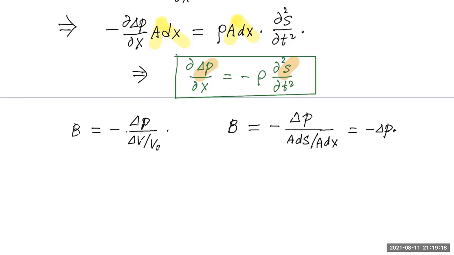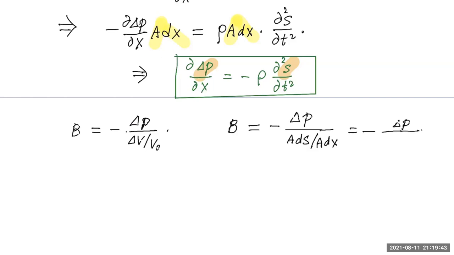Let me rewrite it like that. I'm going to keep this delta P in the numerator as is, but I'm going to change the notation on the denominator a little bit. A is gone by crossing out.